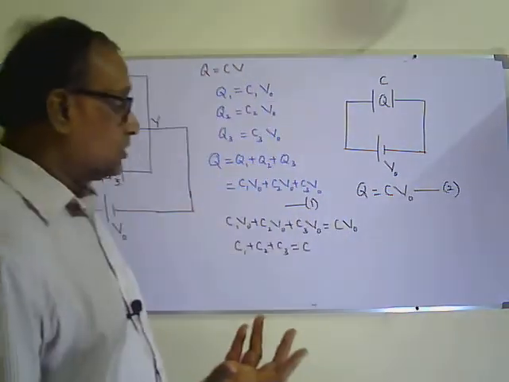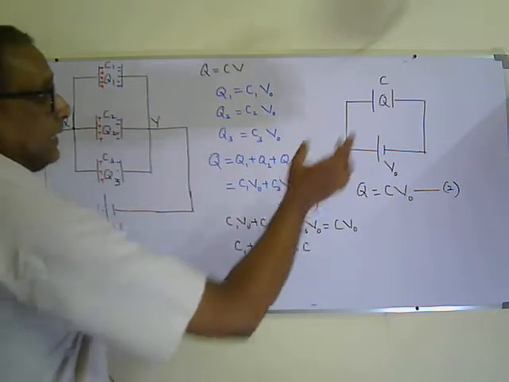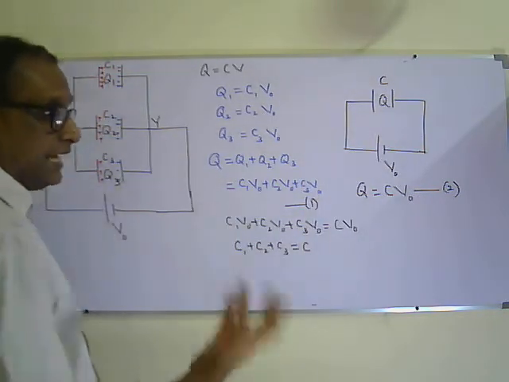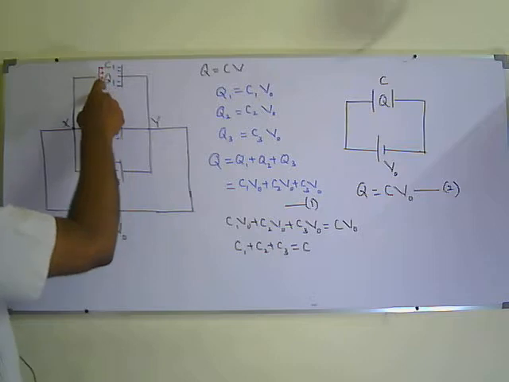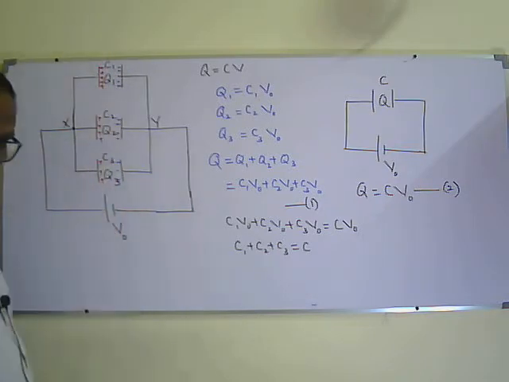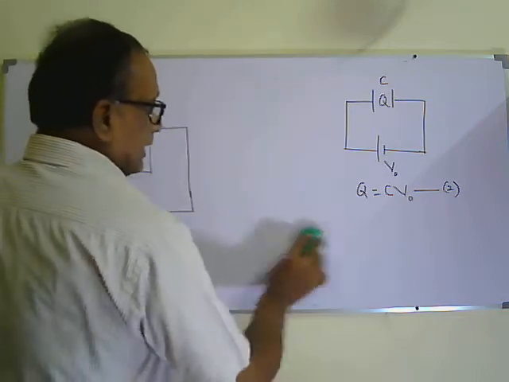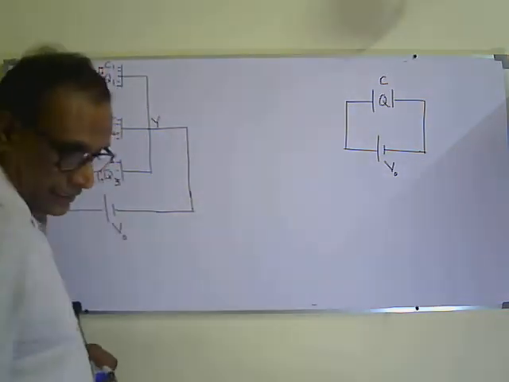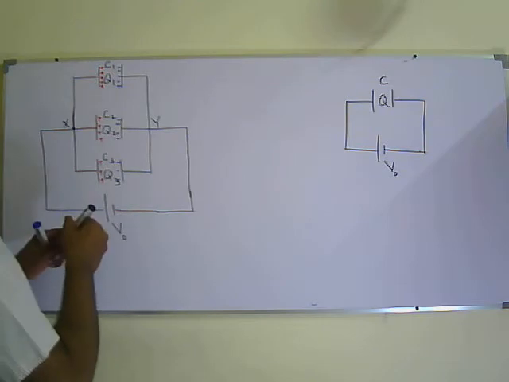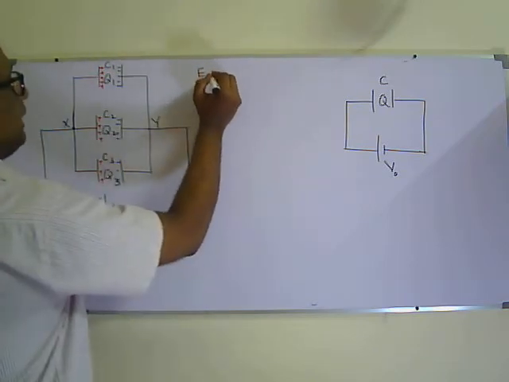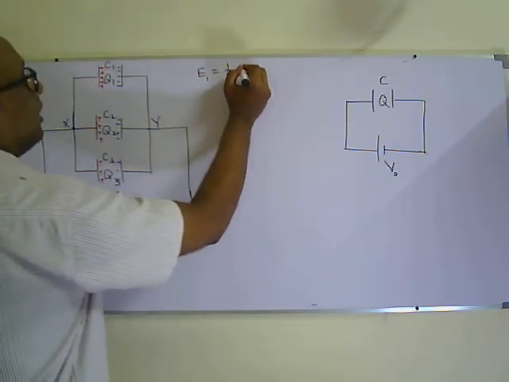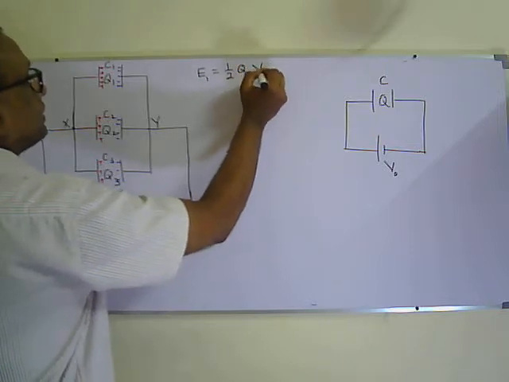So here also, the energy stored in the equivalent capacitor is equal to the sum of the energy stored in the parallel connection. I can show that here. The energy stored in this capacitor, I can say E1 is equal to half Q1 V naught.